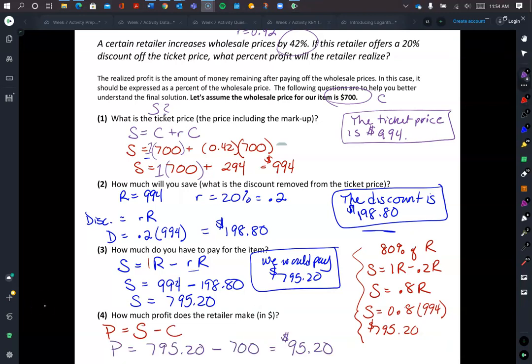So we get $795.20 minus 700, which would give us $95.20 is the profit.